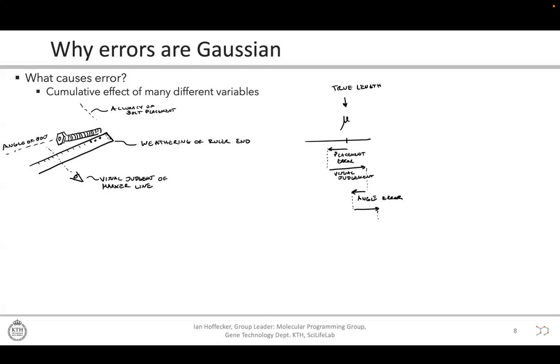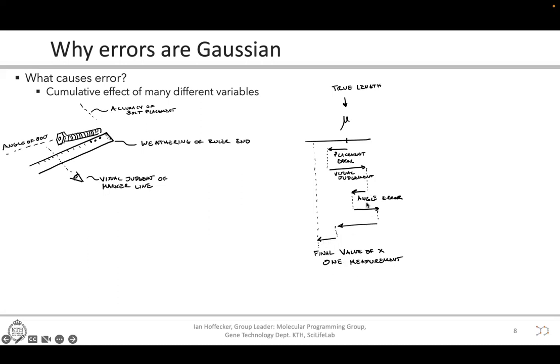But then visual judgment, maybe we're off in the positive direction, another arbitrary amount, not exactly equal or in any way related to the placement error, but acting in another direction. Maybe we have an angle error and that's acting again in the negative direction, and so on. So we have all these sources of tiny variation, and we add them all up, and then that's what's going to give us our final measurement value.